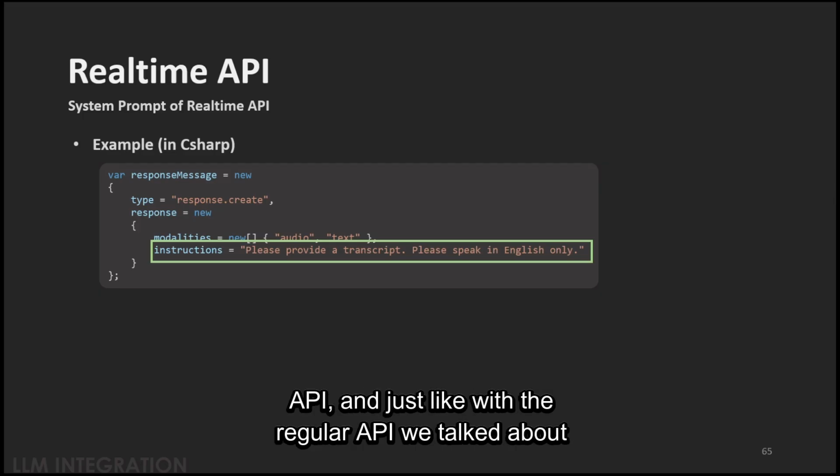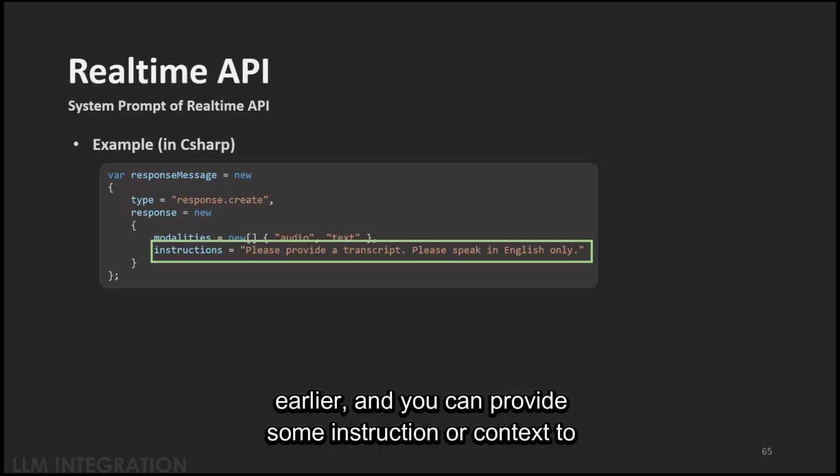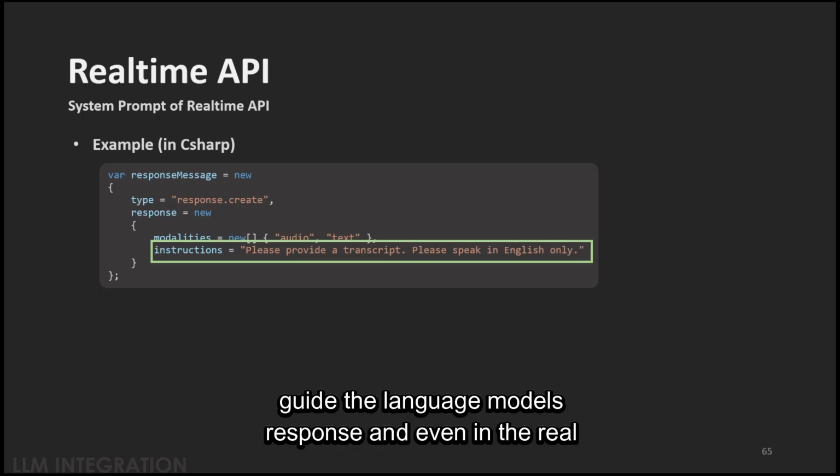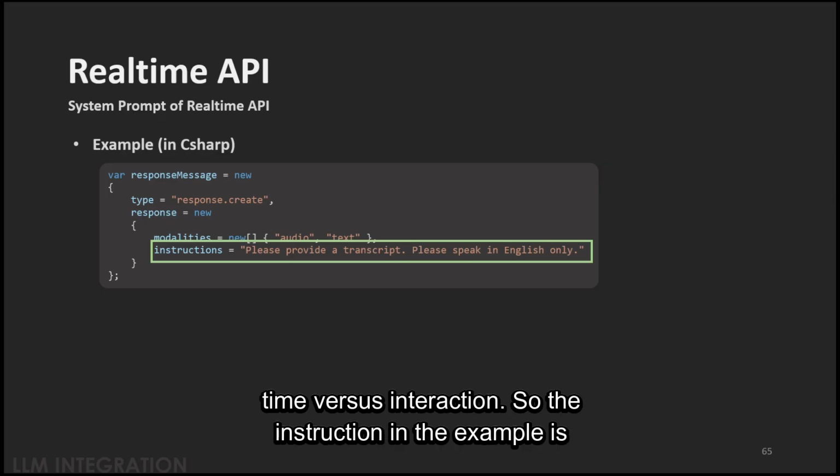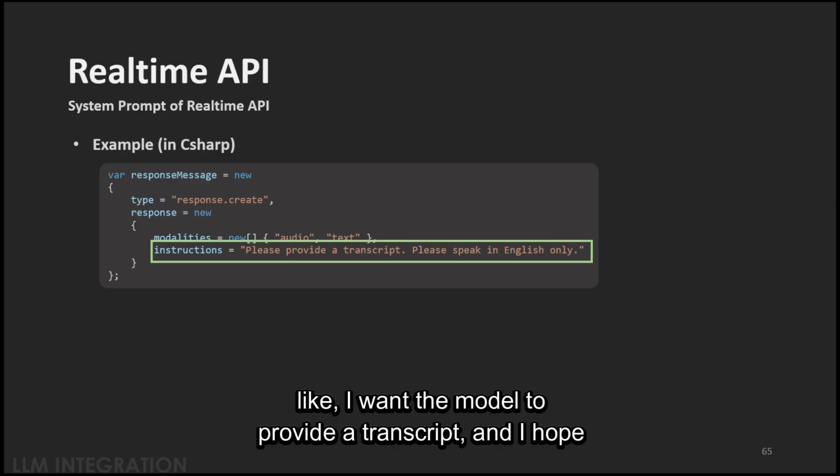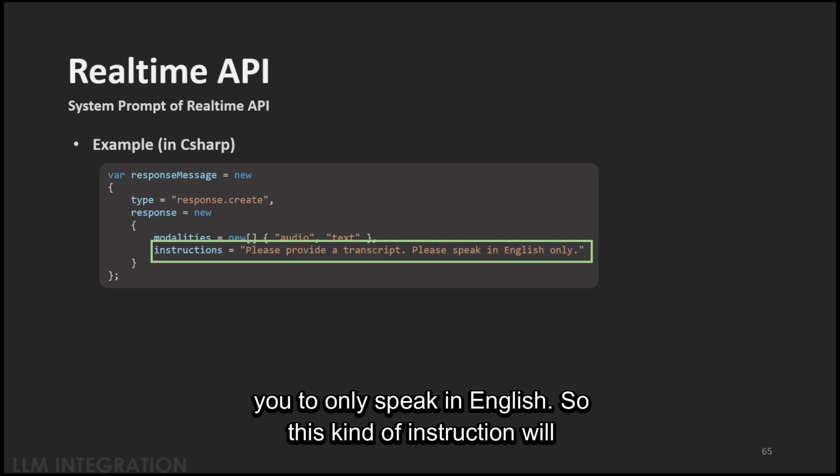Just like with the regular API we talked about earlier, you can provide some instruction or context to guide the language model's response, even in real-time voice interaction. The instruction in the example is like, I want the model to provide a transcript, and I hope it only speaks in English.